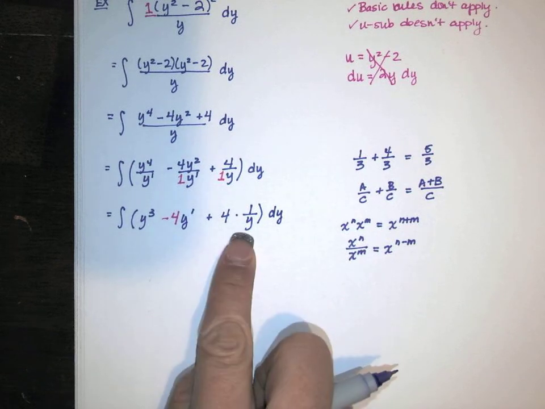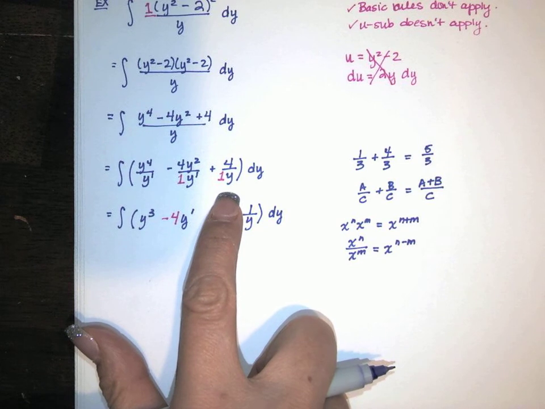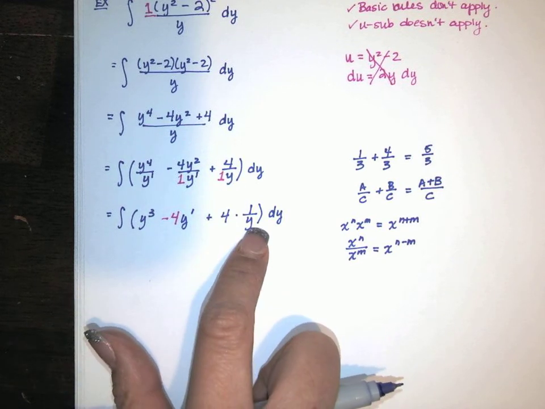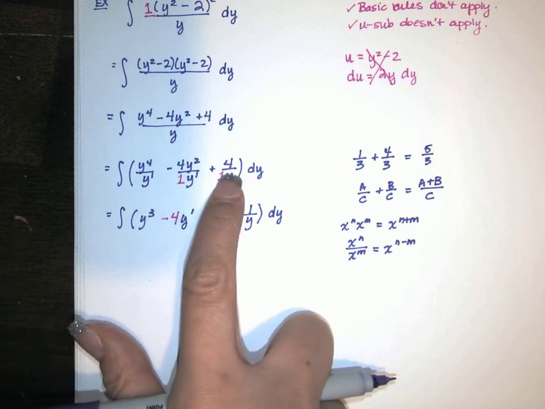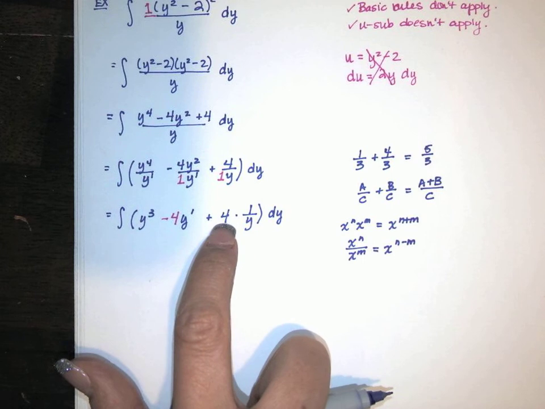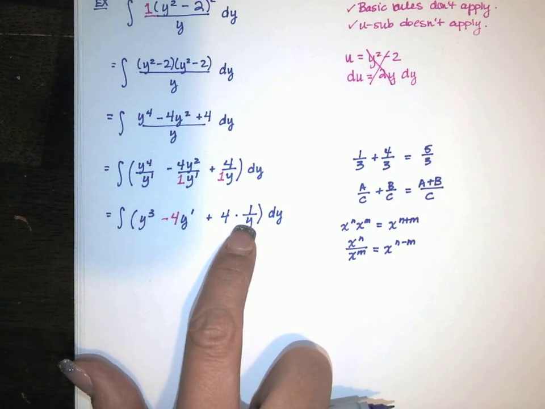It's because I have a rule for this. Now some people see this and they immediately see 4 times the natural log of the absolute value of y. If you're that person, you don't have to show this step. But for those that are unsure, for those people that see that and they can't match the pattern because of the 4, pull out the 4 and you'll see that you've got a rule for that.